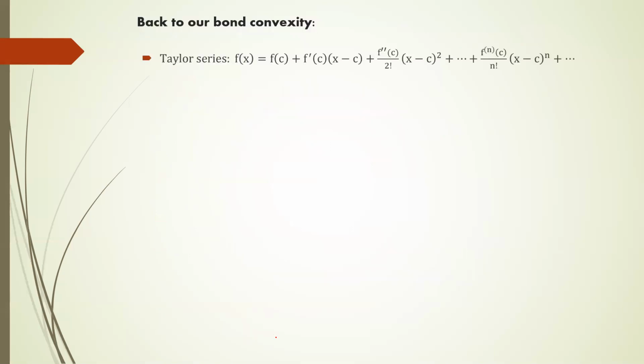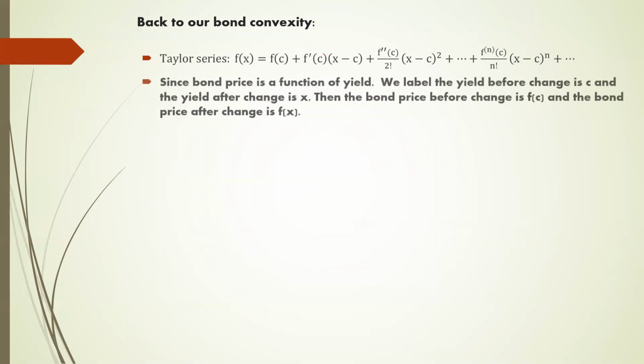Back to our bond convexity. So I again copy the Taylor series here. Since bond price is a function of yield, we label the yield before the change as c, and the yield after the change as x.